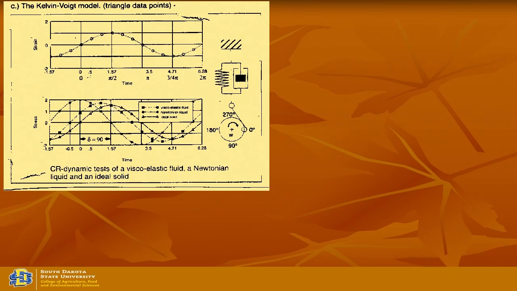They are in phase with each other, and then the Newtonian liquid is 90 degrees apart, and that's what you get when you consider the spring and dashpot in parallel.